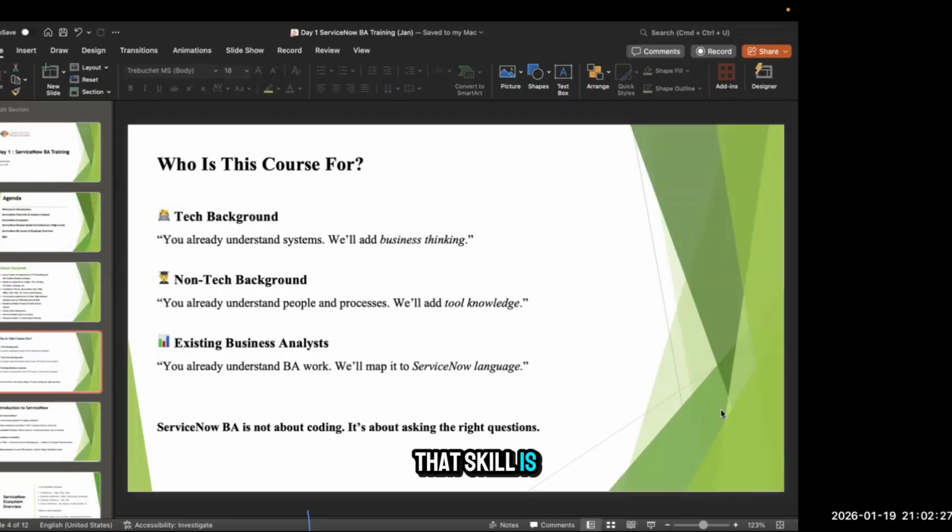That skill is more valuable than knowing any technology. ServiceNow can be taught, confidence can be built, but clarity of thinking is the real skill of a business analyst. If you're good at dealing with people, asking the right questions, and understanding processes, you're already on the right track for becoming a ServiceNow BA. Now, I will give you a real life example.